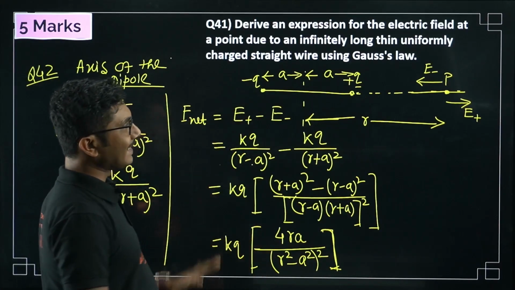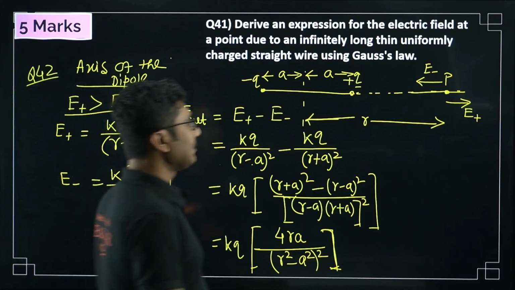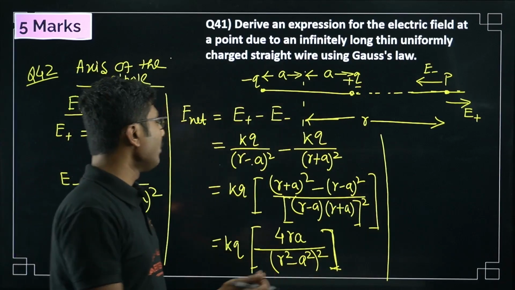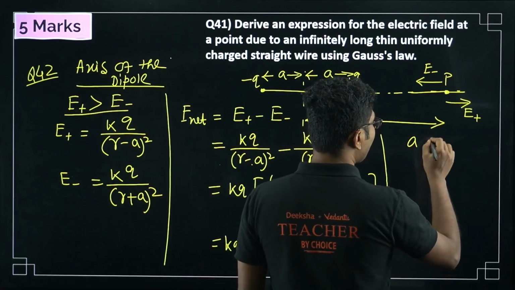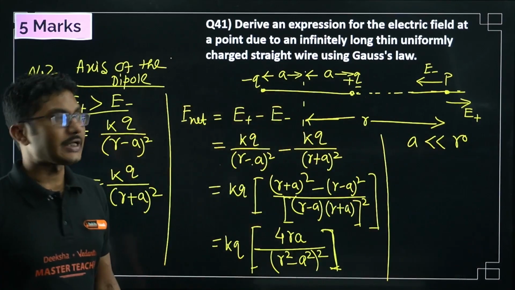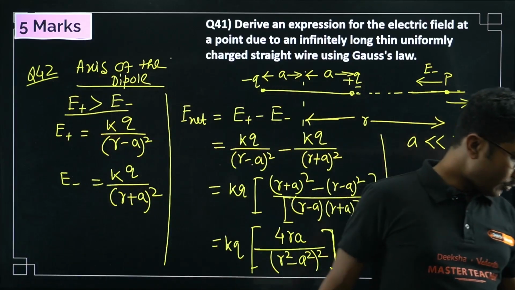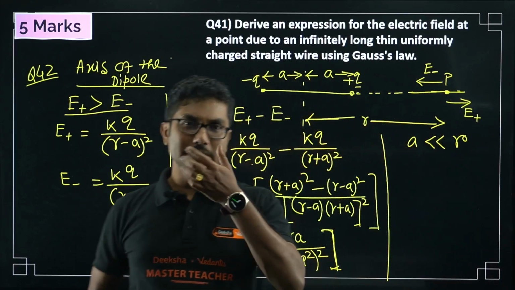So this is the net electric field we have calculated. Now there is a catch. What is that? First of all, we have to say that the value of A is super small, such that this is very, very smaller compared to distance R. Why? Because this is a dipole. In case of dipole, the dipole is defined by the two equal and opposite charges separated by a very small distance.